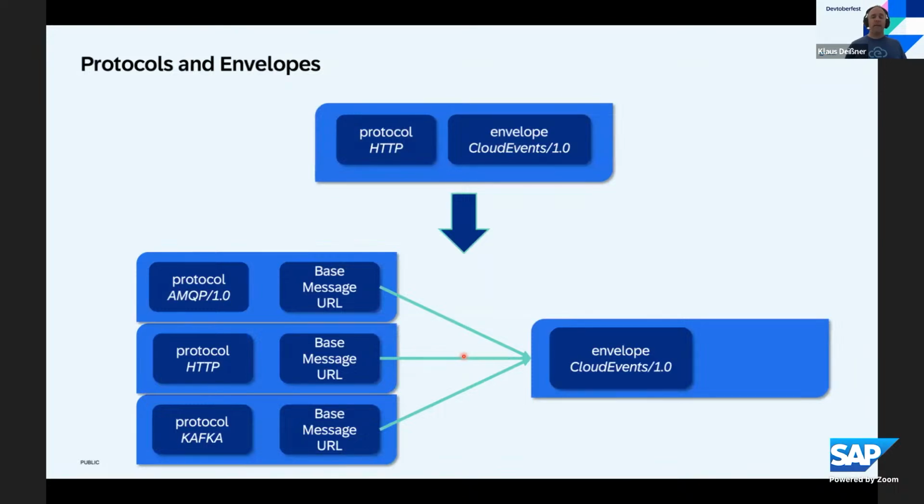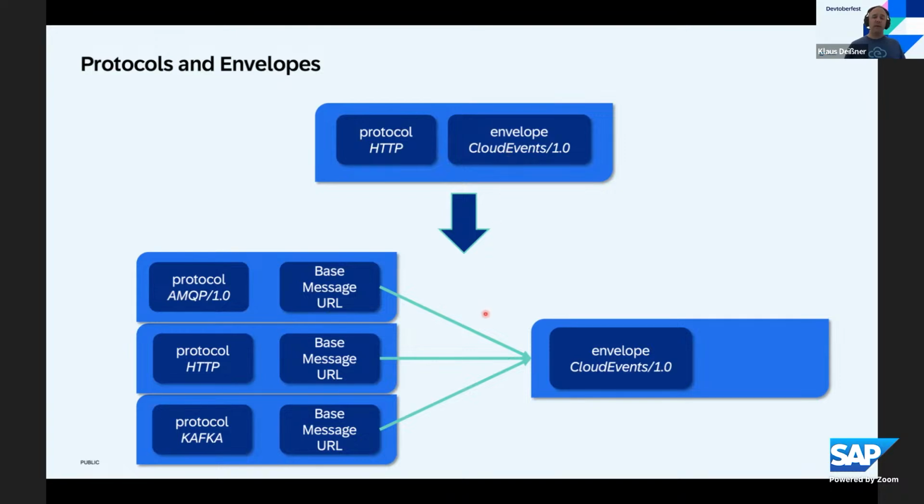Okay. I said that you can describe any kind of message with what we have so far in xRegistry, but that the envelope that is used is of course important, as we are still also the CloudEvents project. And here you see one way is to have everything in one definition. On top you see this protocol HTTP and envelope CloudEvents.